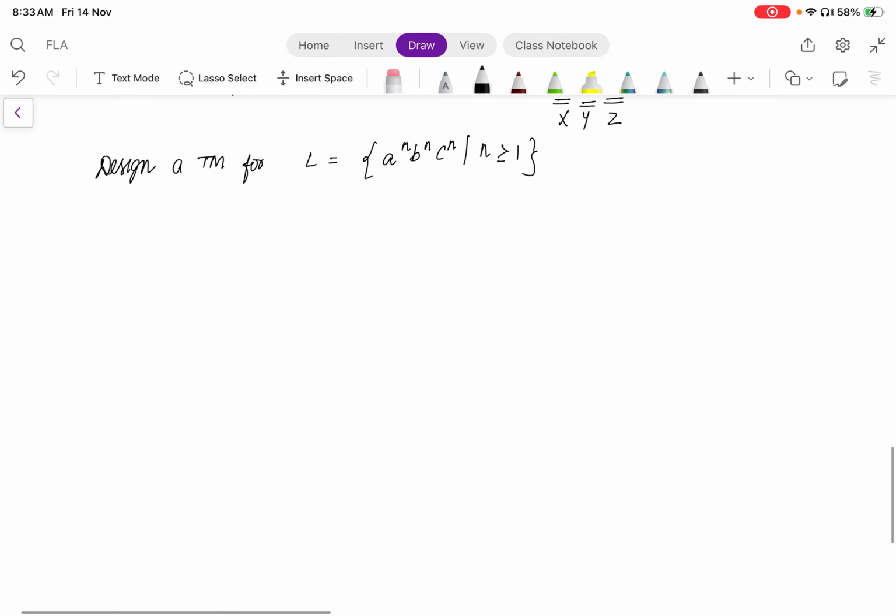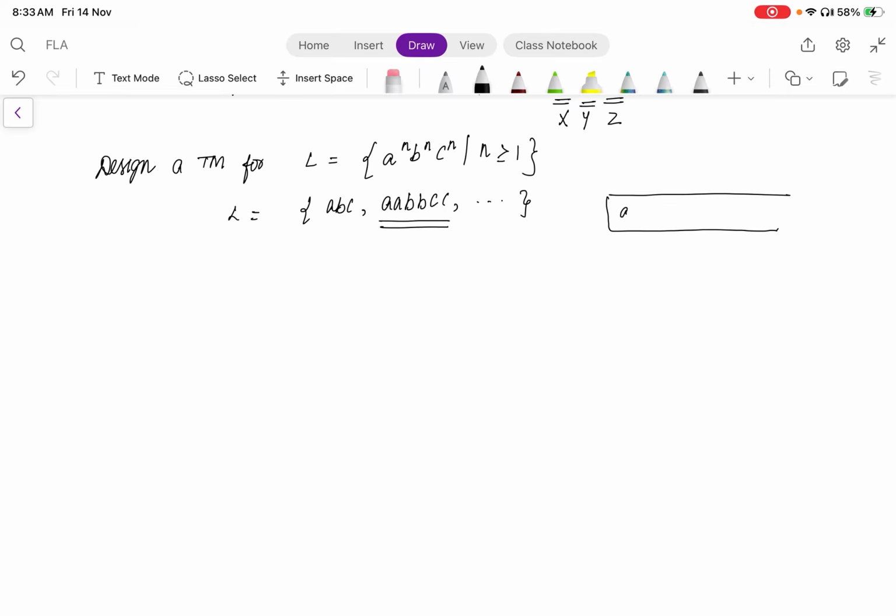For example, the language looks like ABC, AABBCC, and so on. Let me take this input string for example. Your input tape would have two A's, two B's, two C's, and then all blank spaces.